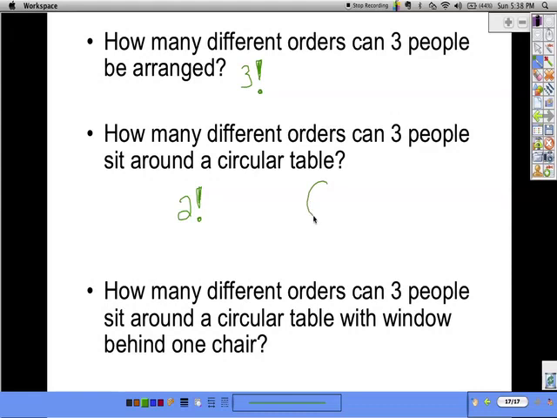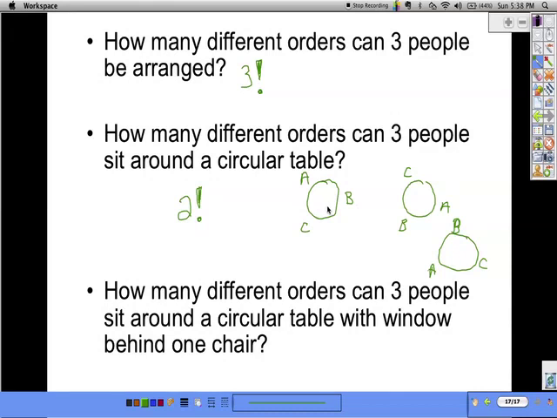Because if I have this circle, A, B, C, and then I have A, B, C, or A, B, C, these are all, in essence, exactly the same, all 3 of these.